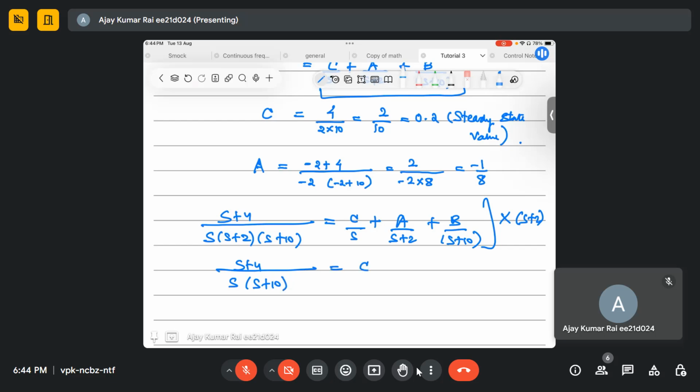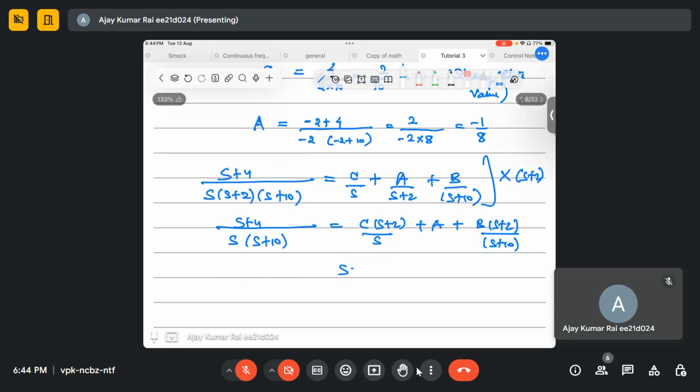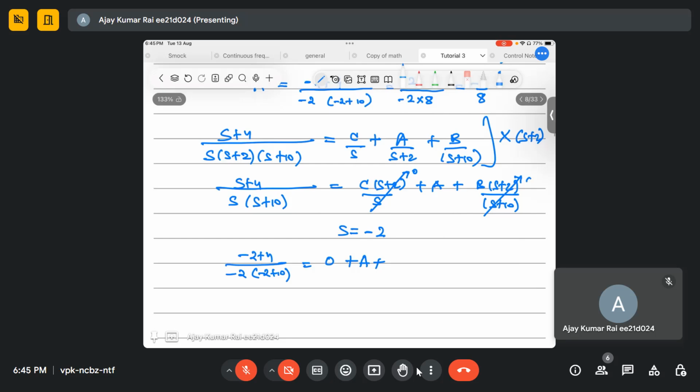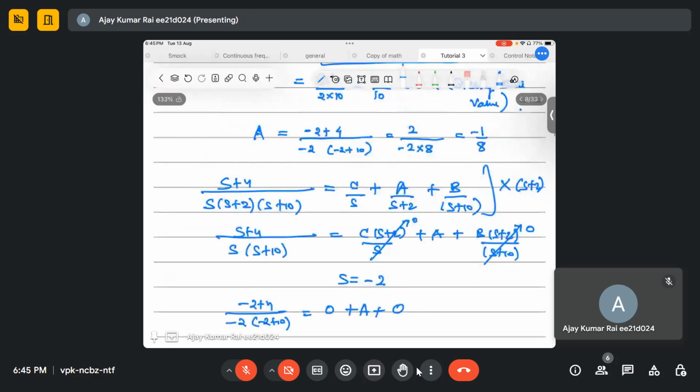Here we'll get c into s plus 2 by s, plus a, plus b into s plus 2 by s plus 10. Then what you can do, put s equal to minus 2. If you put s equal to minus 2, here it will be minus 2 plus 10. See, this term will be 0. 0 plus a, plus again this will also be 0. So that's what I have done here.